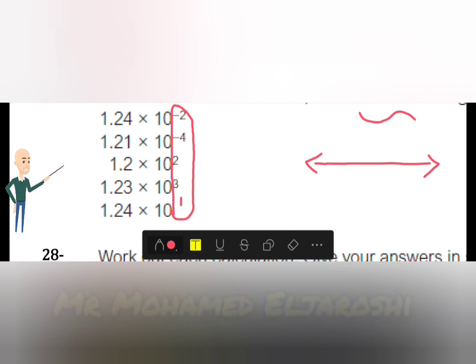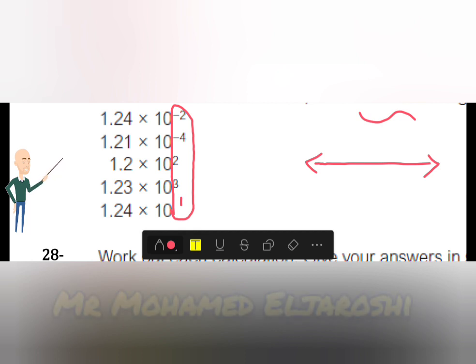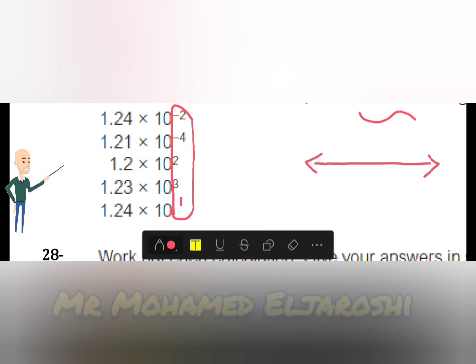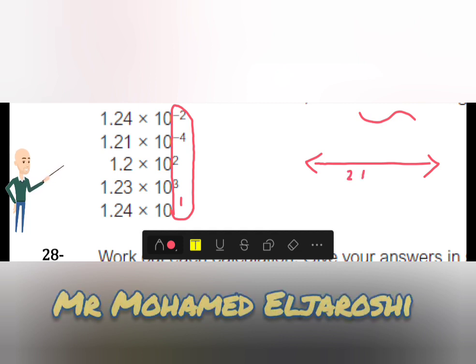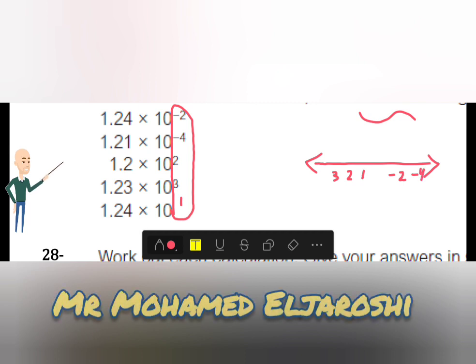So we're going to put the powers on the timeline, so we will know what is the first one or the smallest one. So we have power of 1 here, power of 2, power of 3, and negative 2, and negative 4. The smallest number starts from here, and then it goes this way to become larger.